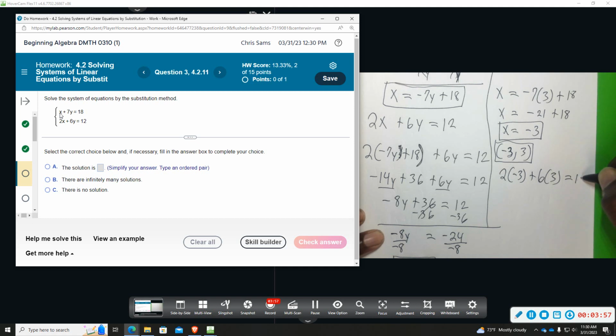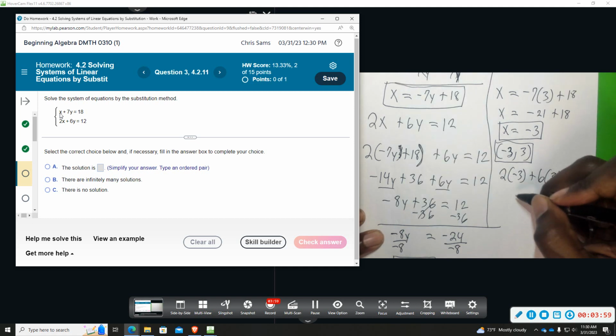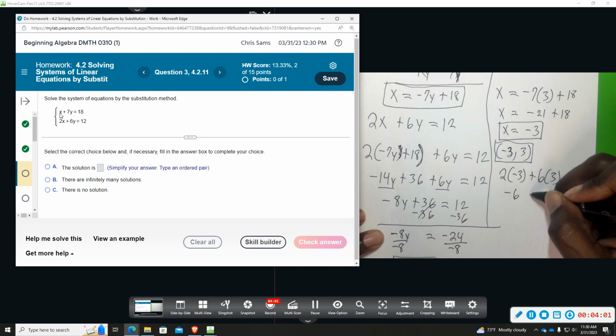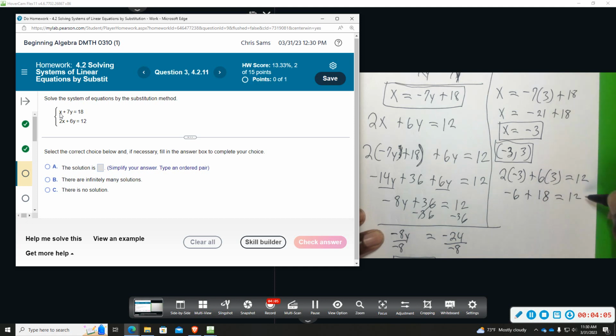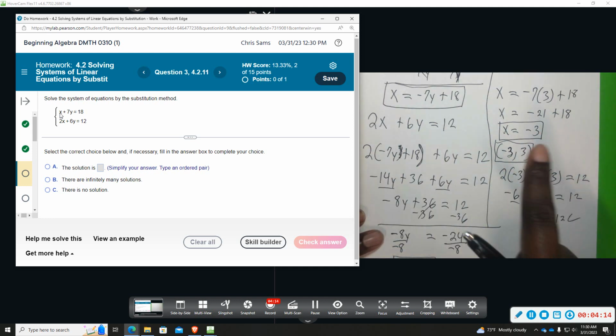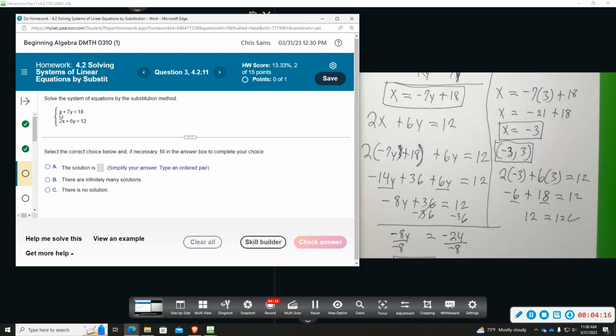Does that equal 12? This gives me a negative 6 plus 18 equals 12. Combine like terms, I get positive 12 is equal to 12. Okay, so since it works there, I know it works here. Then negative 3, 3 is going to be my solution.